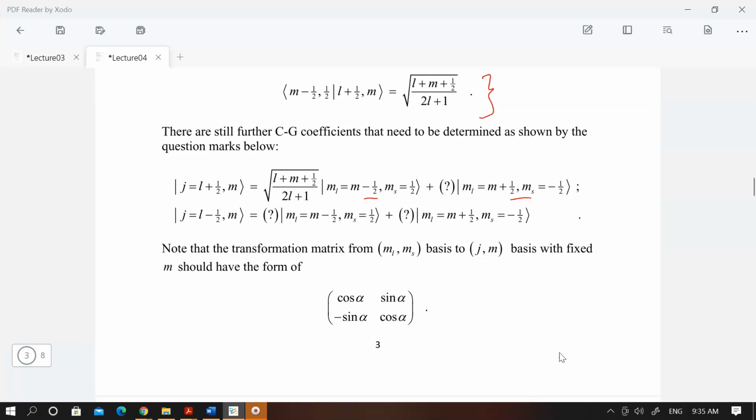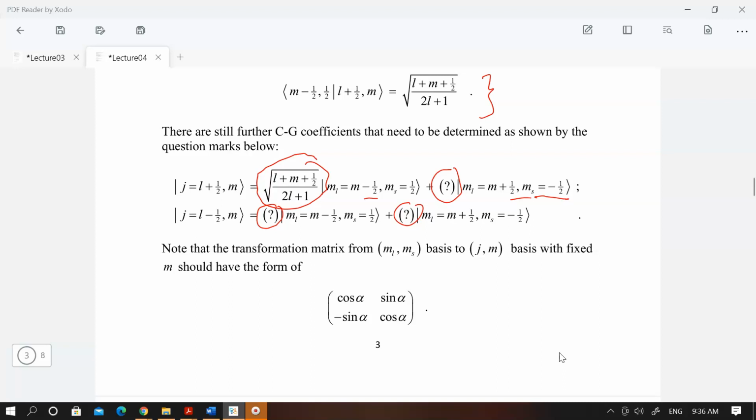This is just this state written in terms of this state and this state. The Clebsch-Gordan coefficient that we had is known over here, and this is still unknown. It is still unknown because it comes from this ms equals minus half state, which we have not dealt with. So in other words, we have three unknowns coming into this picture. The Clebsch-Gordan coefficient that we have actually worked out is only this part coming from the top row.